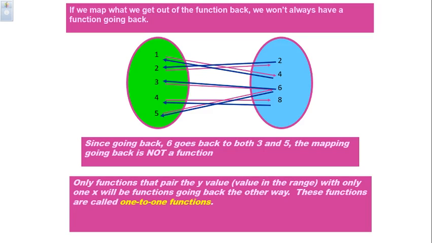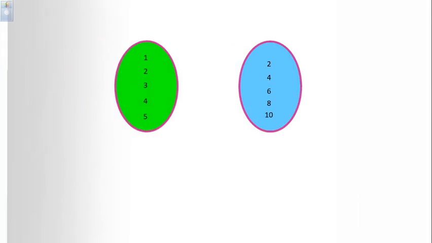In other words, if I have two x values that map to the same y value, then those two x values must have been the same thing. Or if I have two different x values, they will have to match to two different y values. They cannot match to the same y value. So for a one-to-one function, each x value must match to a different y value from every other x value.